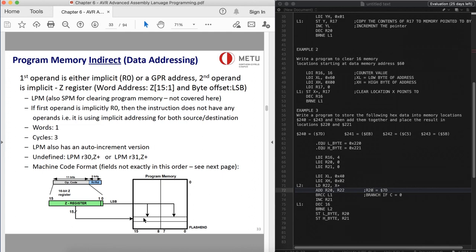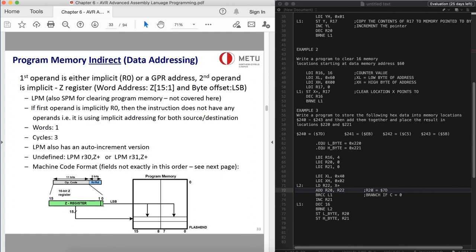In AVR, each location of the program memory is 2 bytes, as you can see, 1 byte, another byte. So we have to mention if we want to read the low byte or the high byte. The least significant bit of the Z register, which is shown over here, indicates whether the low byte or the high byte should be read.